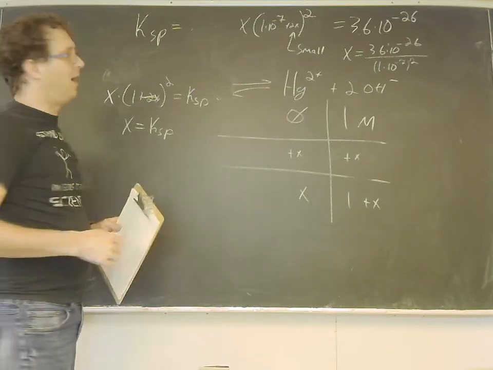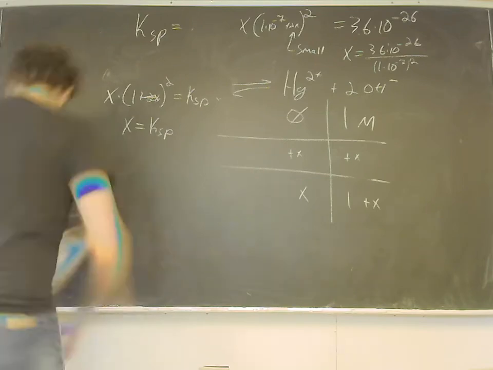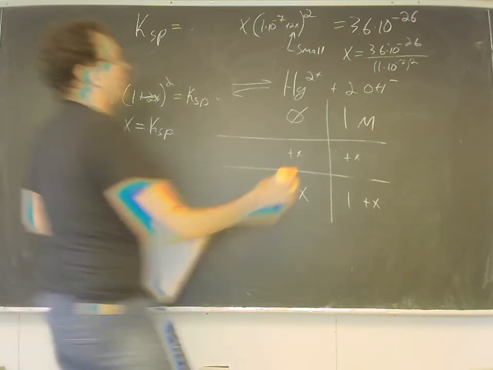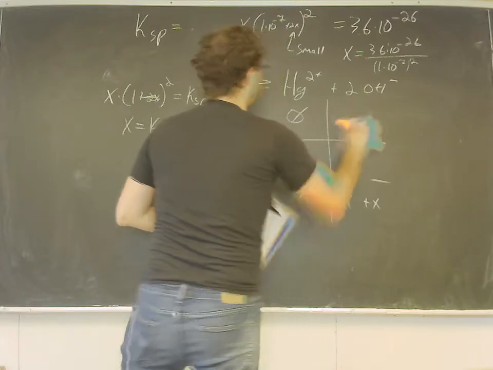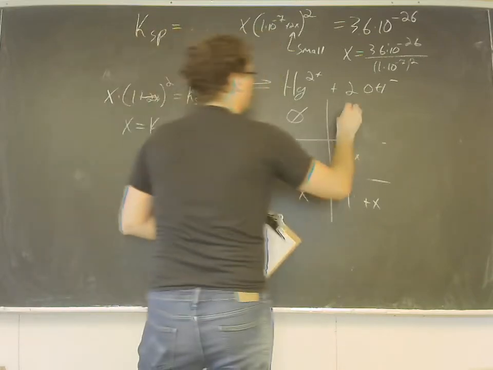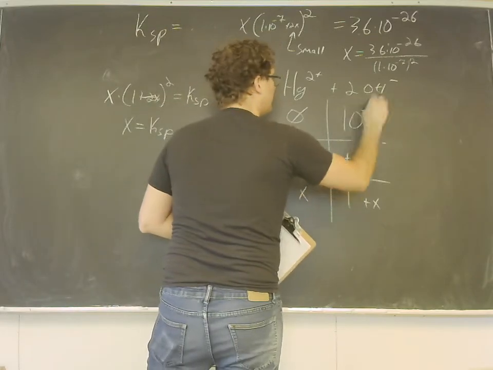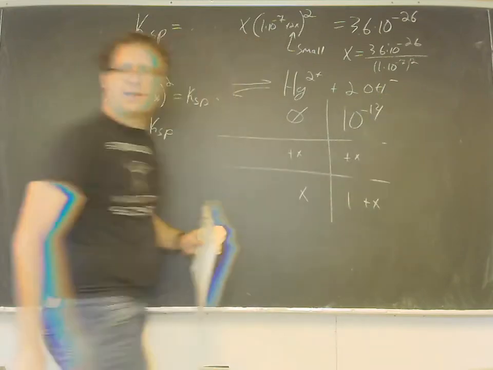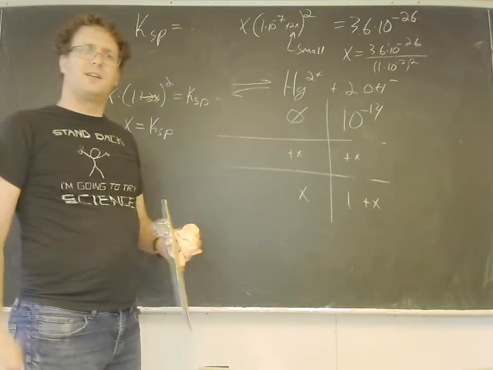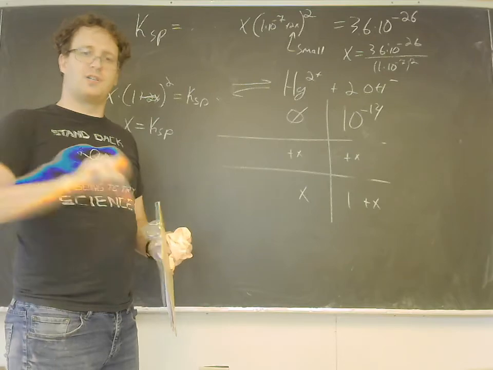Well, if hydrochloric acid is at 1 molar, then that means that the OH minus concentration would be at 10 to the negative 14th molar. Right? In a strong acid, the hydroxide concentration is very, very small.